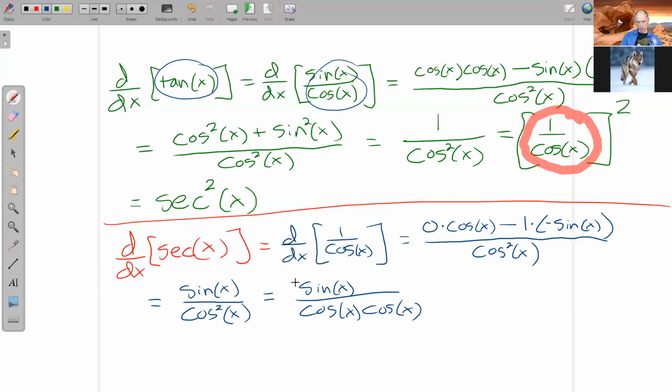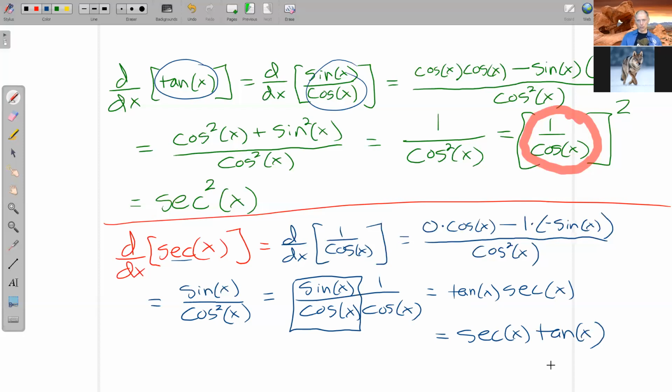Because I can call this one here the tangent, and then what do I call 1 over cosine? We just realized that that's the secant, so this can be rewritten as the tangent of x times the secant of x. And usually it's written in alphabetical order, so it's usually written as secant tangent. But either way works.